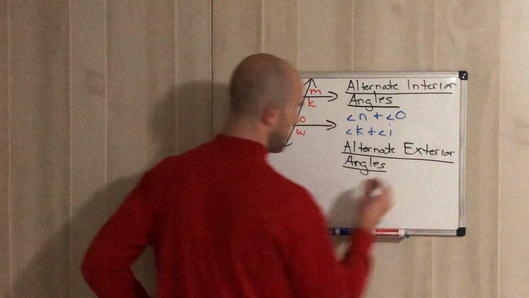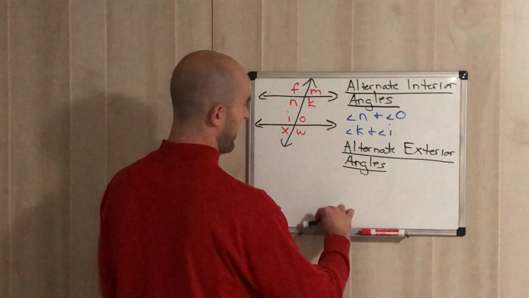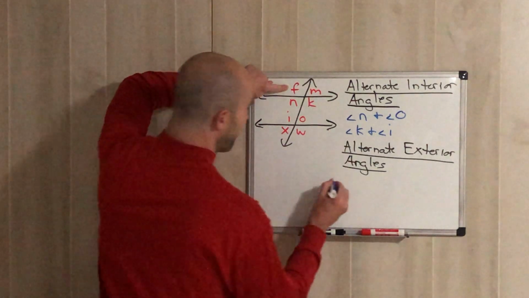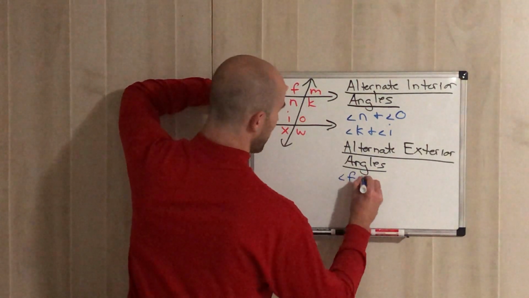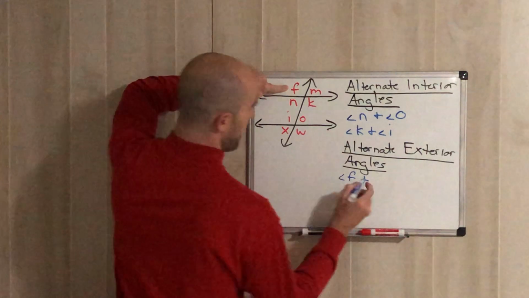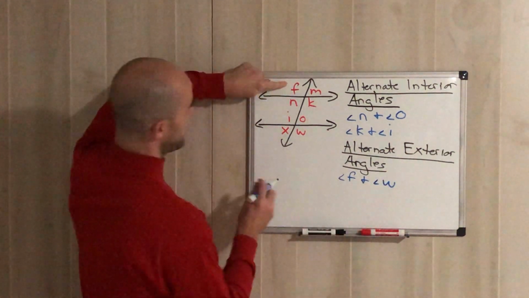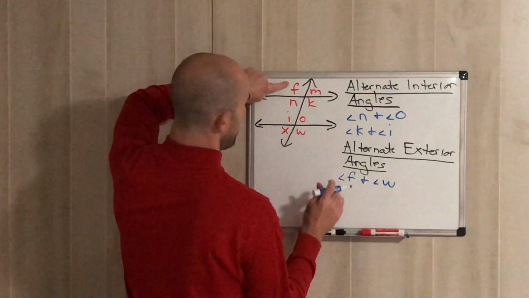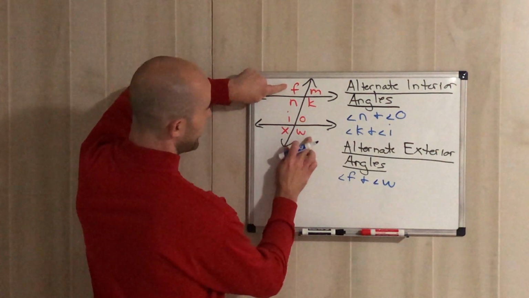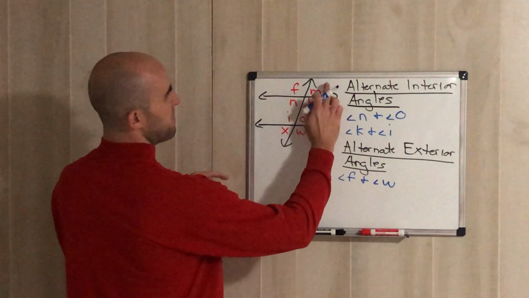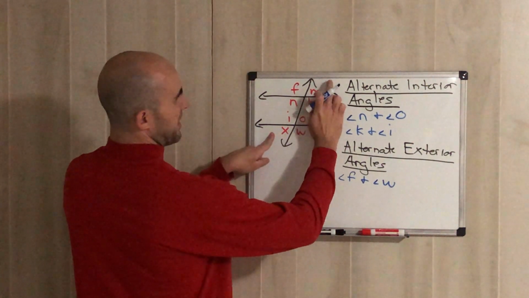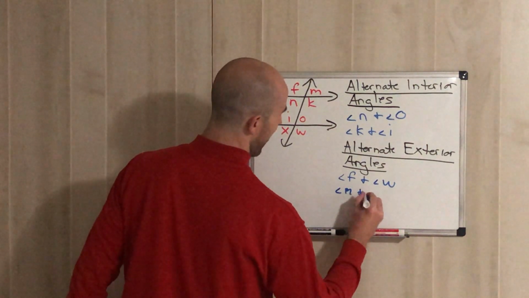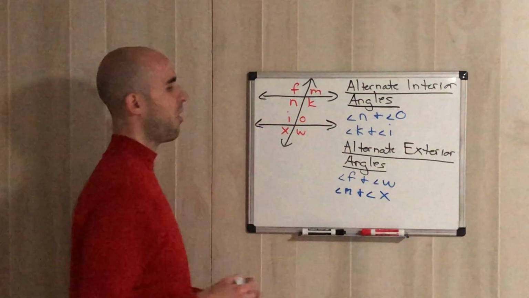Alternate means they're on different sides, but now exterior means they're outside. So the alternate exterior of angle F is going to be angle W, because they're both outside, one on the left and one on the right. The other pair is M and X, because M is on the right and X is on the left. Those are our alternate exterior.